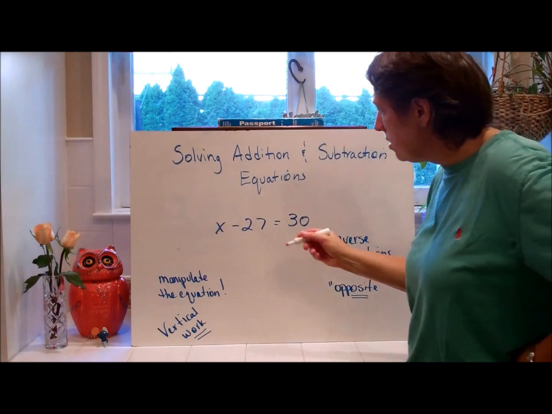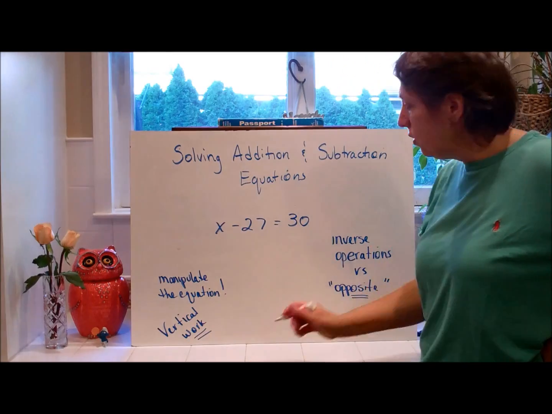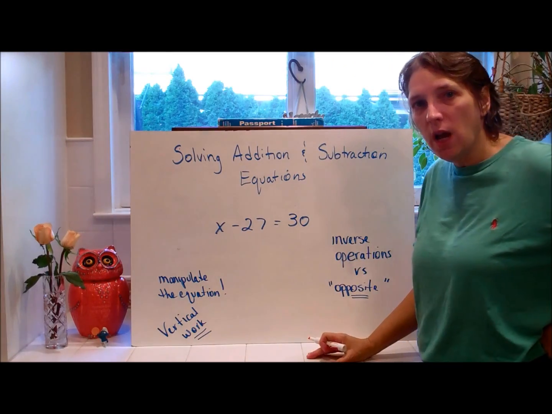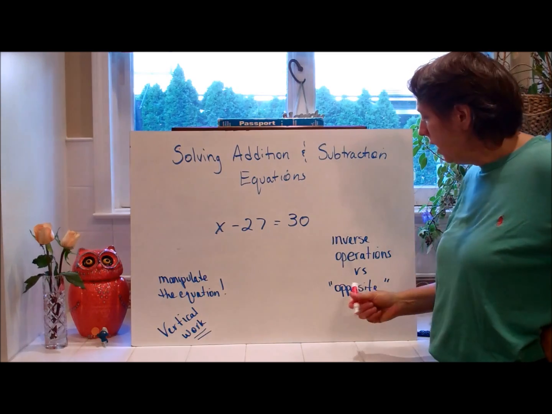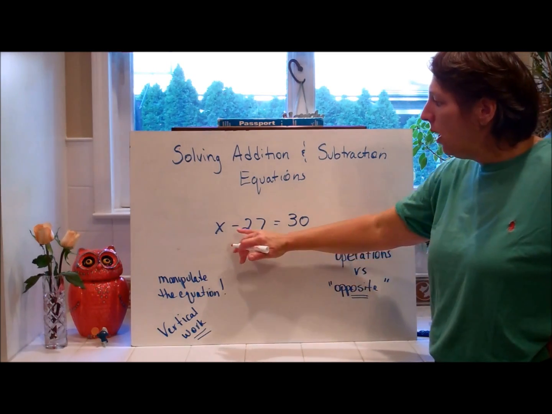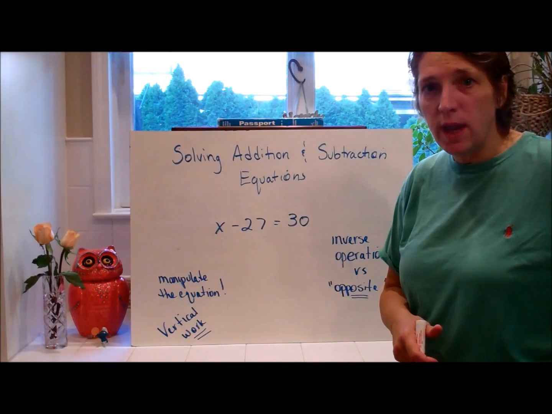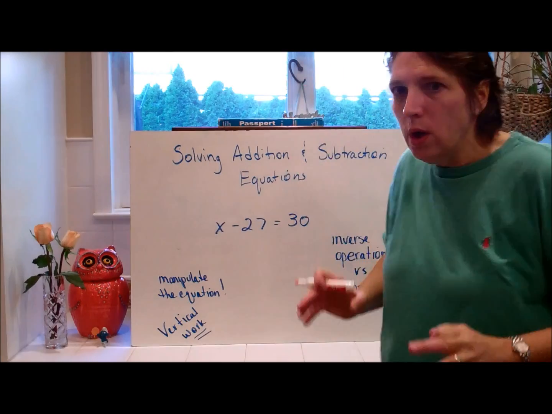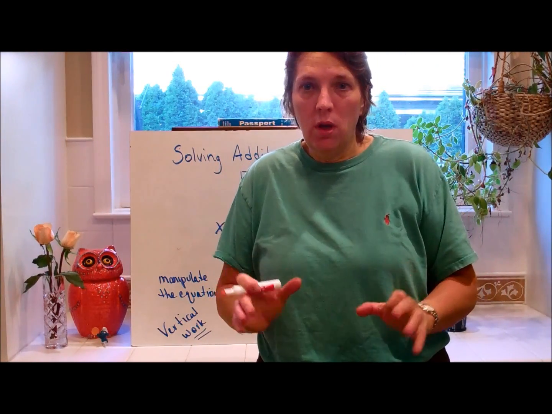So when we do this, if we're subtracting 27, we use what we call inverse operations to undo what's being done to the variable, not opposite. We don't say, well, I'm subtracting 27, so I do the opposite, which is to add 27. No! Opposite has nothing to do with isolating a variable.